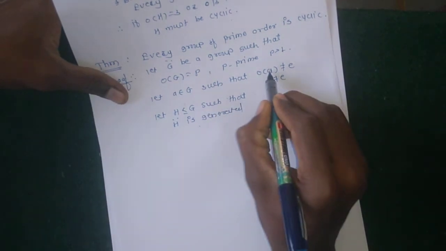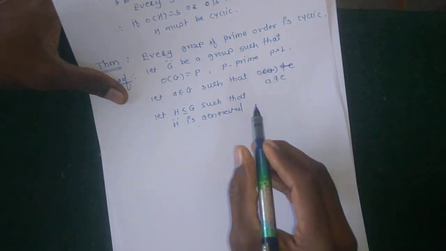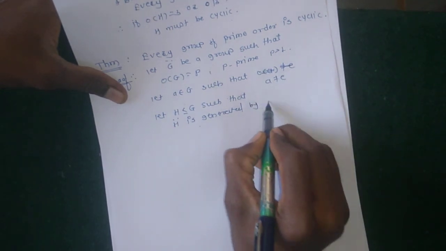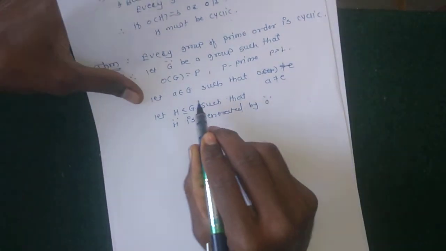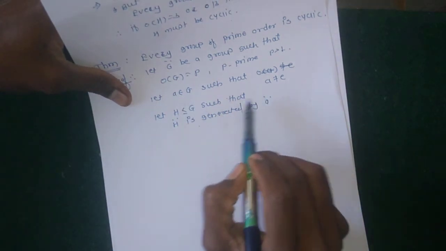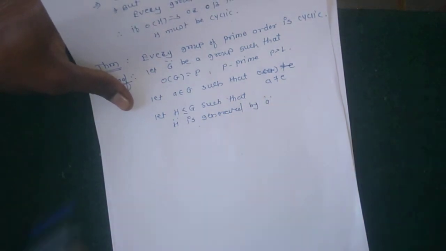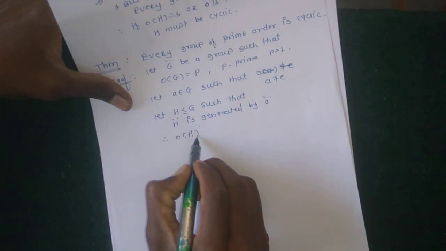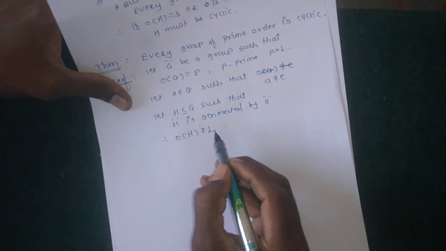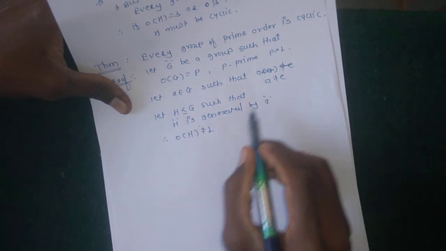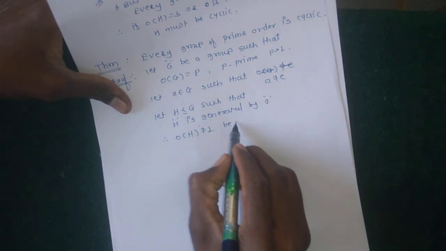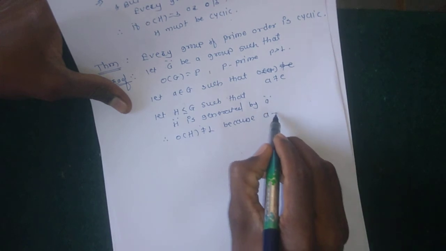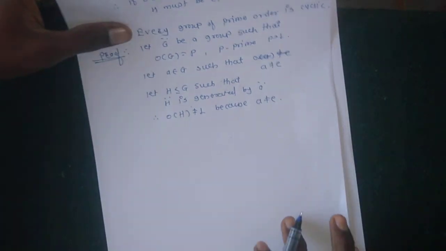One element is chosen from G, and H is generated by a. Therefore the order of H is not equal to 1, because a is not equal to the identity, and the order of the identity is always 1.